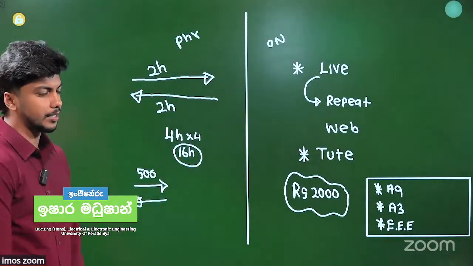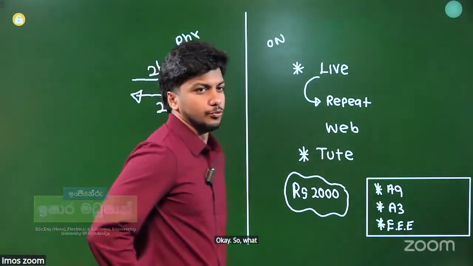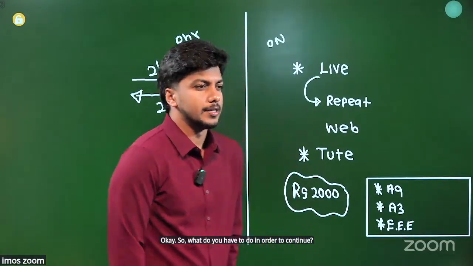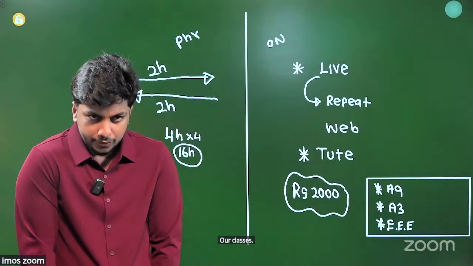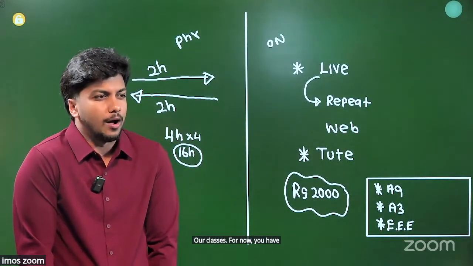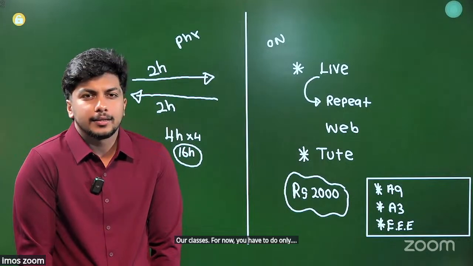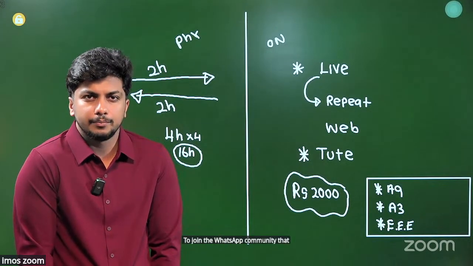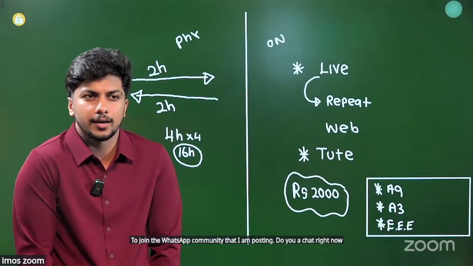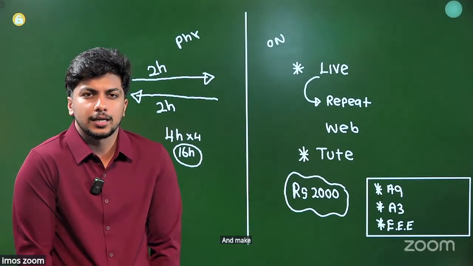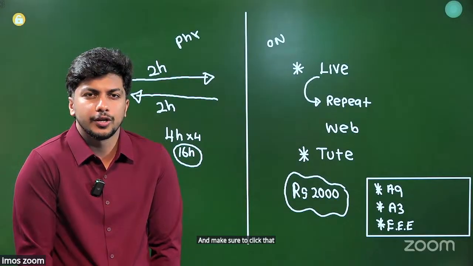Okay. So what you have to do in order to continue our classes? For now, you only have to join the WhatsApp community that I am posting to your chat right now. Check your chat, click that, and make sure to join the WhatsApp community.